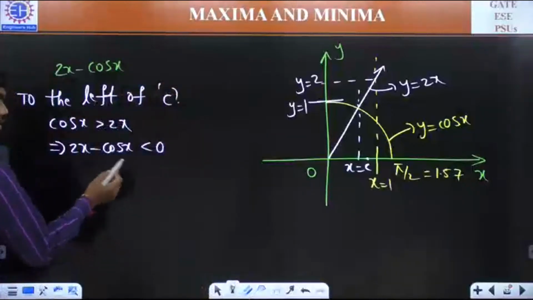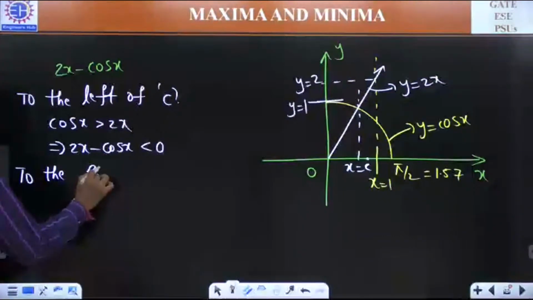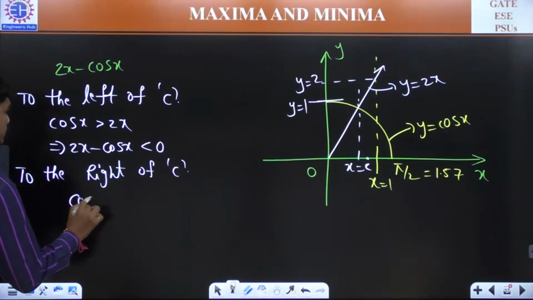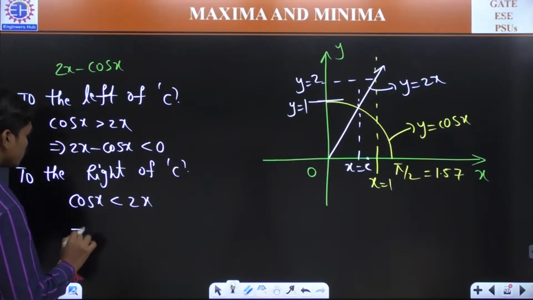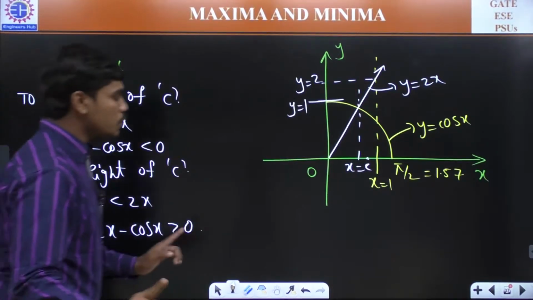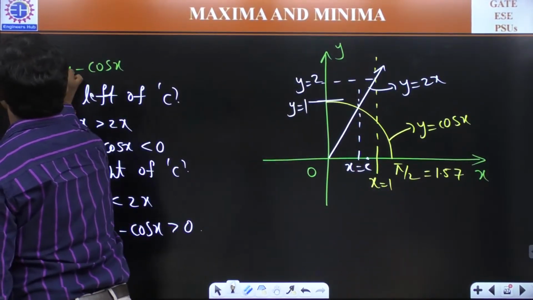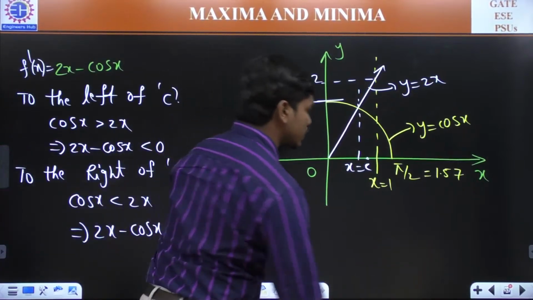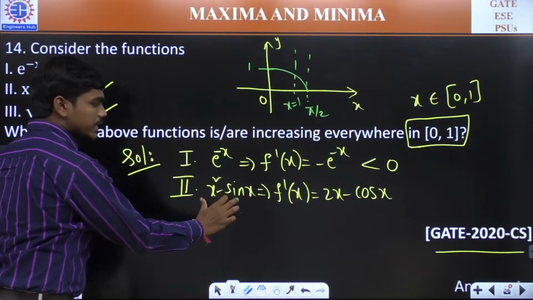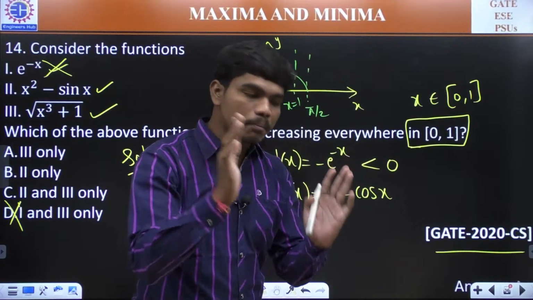So see here. To the point to the right of C, you can feel cos x is less than 2x. So 2x minus cos x is greater than 0, which means, if this is f dash of x for a given function, can you feel that this function x square minus sin x is increasing in some part of 0 to 1 and decreasing in some part of 0 to 1?